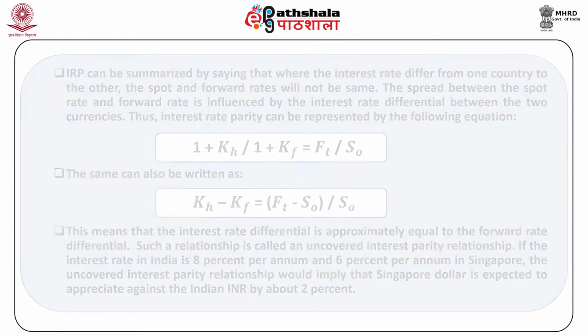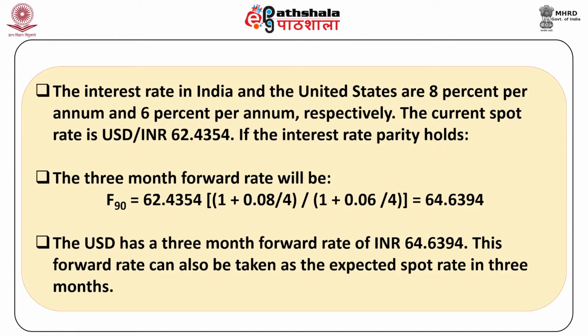Now we can discuss an example. The interest rates in India and the United States are 8% per annum and 6% per annum respectively. The current spot rate of Indian rupee per US dollar is 62.4354. If the interest rate parity holds, what is the 3-month forward rate?